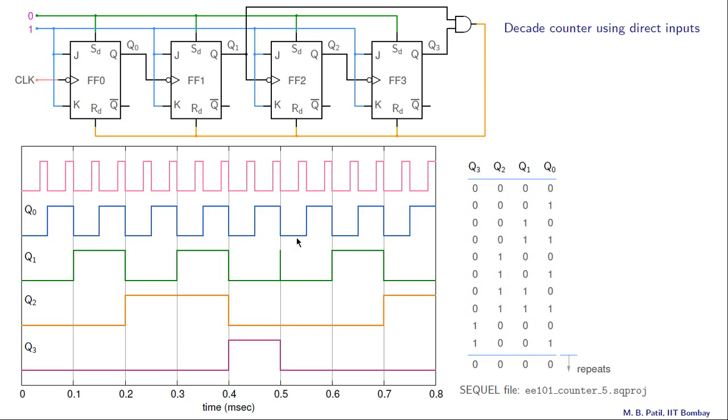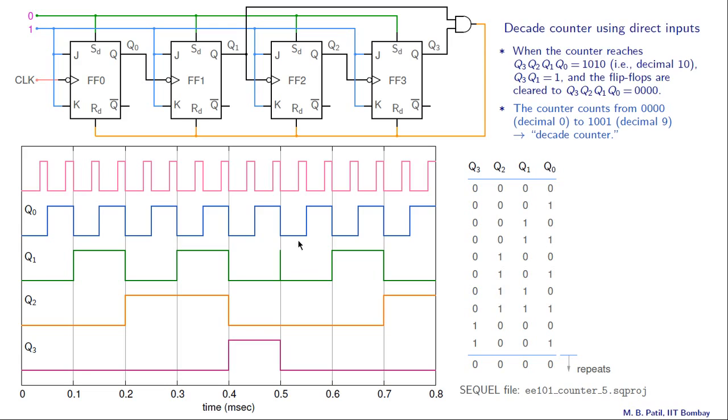Alright, so that is how this counter operates. The circuit file is given here, so you can run the simulation and take a look at the results as well. Alright, so here is the summary.